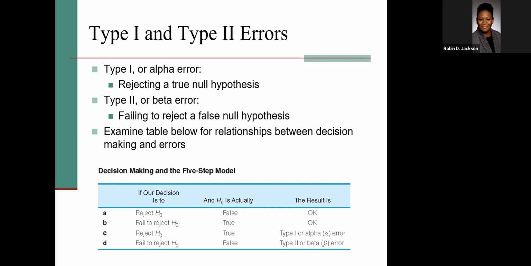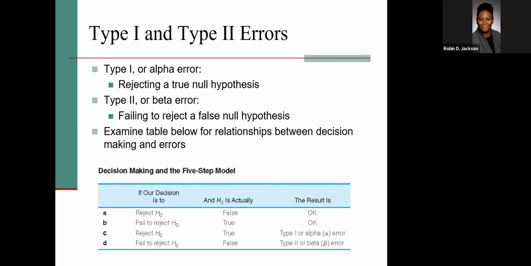The best we can do is try to select an alpha level as a way to balance out the two types of error. Keep in mind that higher alpha levels will minimize the probability of committing a type 2 error, and lower alpha levels, such as 0.05, 0.01, 0.001, will minimize the probability of committing a type 1 error.